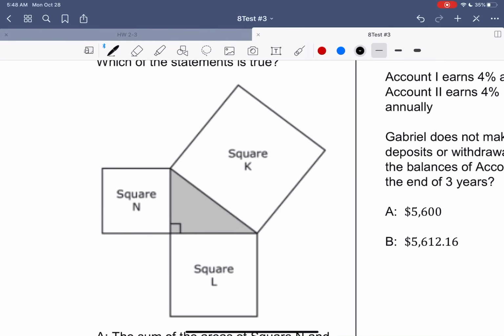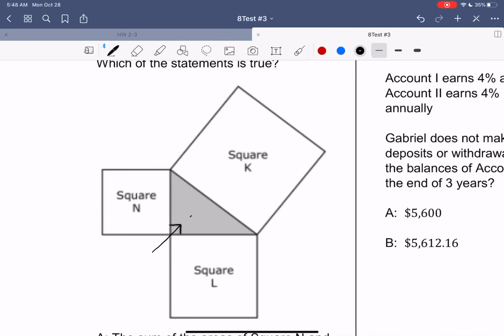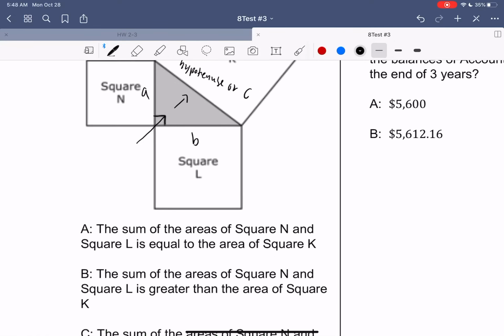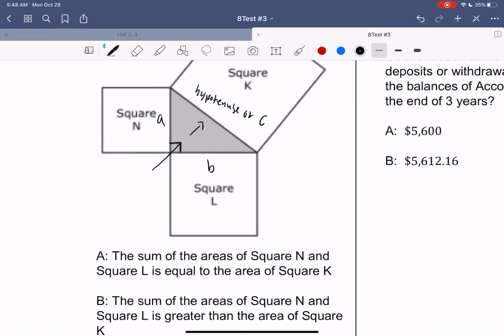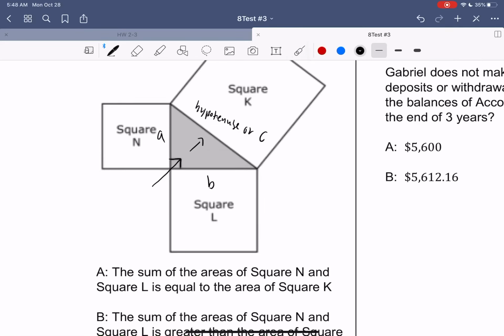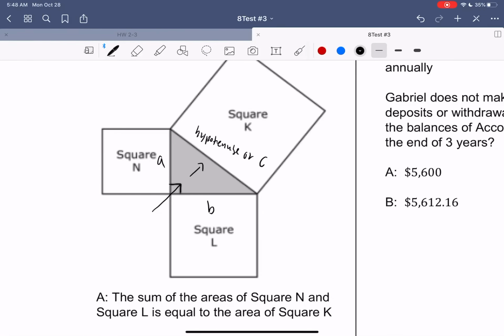So we have our right triangle, and this is pointing to our hypotenuse, or C. Then we have our legs A and B. So A says the sum of the areas of square N and square L is equal to the area of square K. So it's like the little water video that we watched in class.